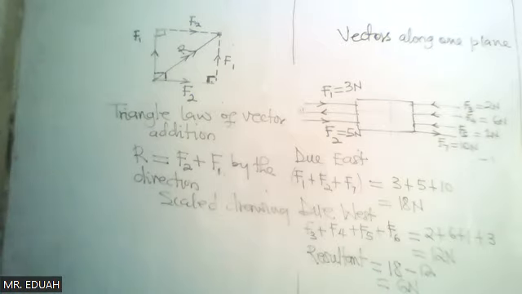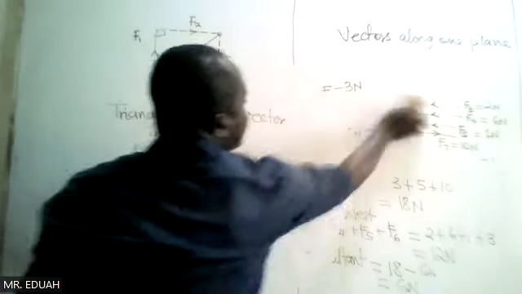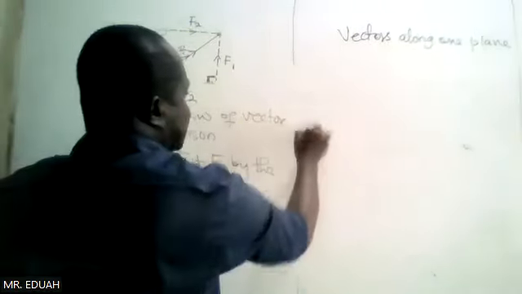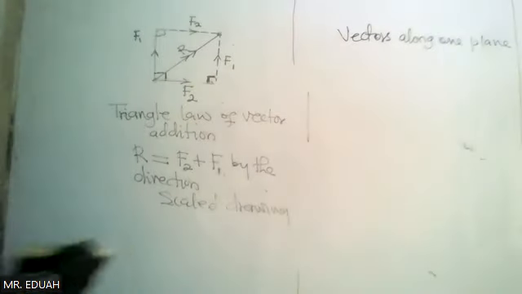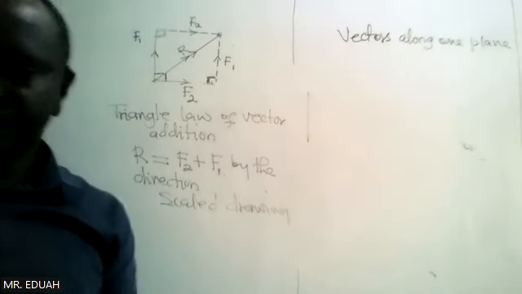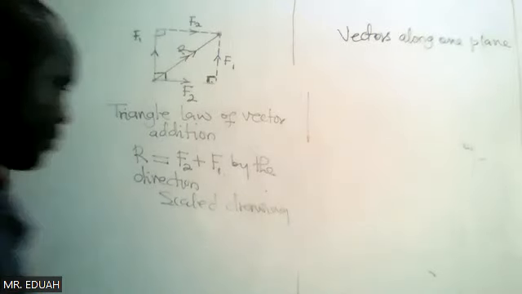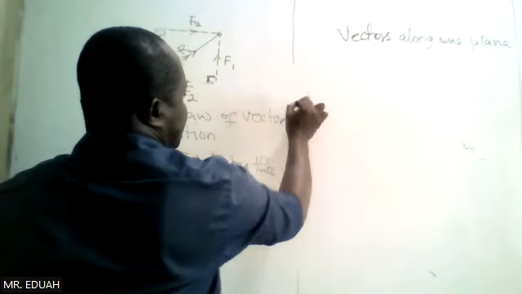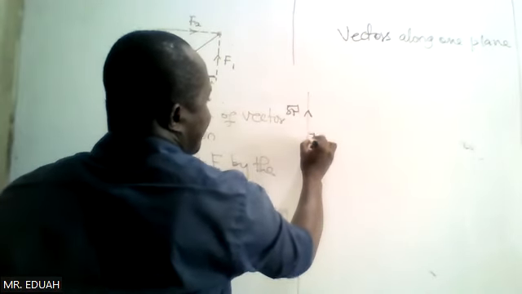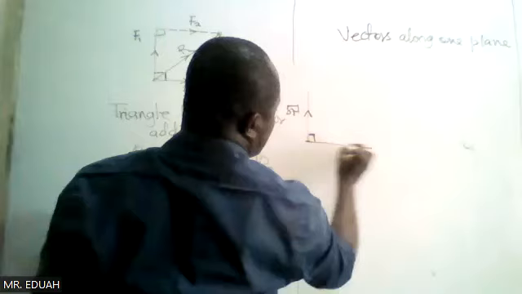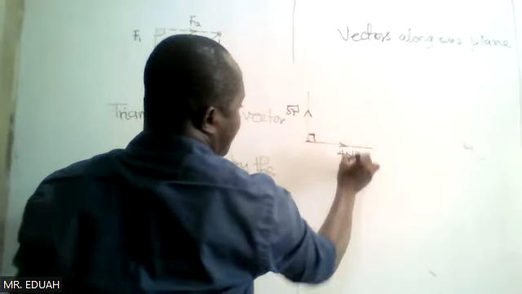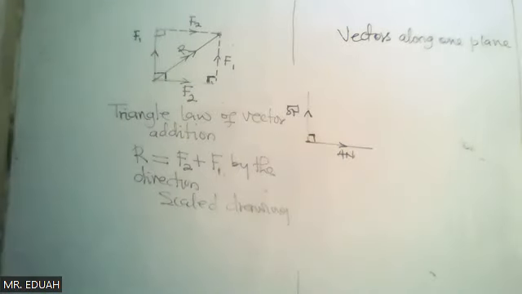On a scale drawing, let's assume that I give you forces. This is 5 Newton. The 5 Newton force is perpendicular to maybe a 4 Newton force. Find the resultant.